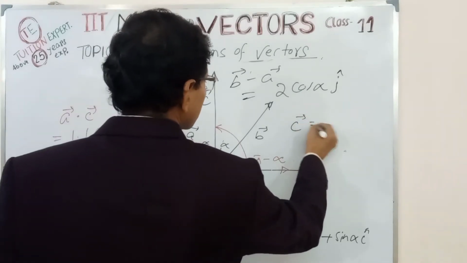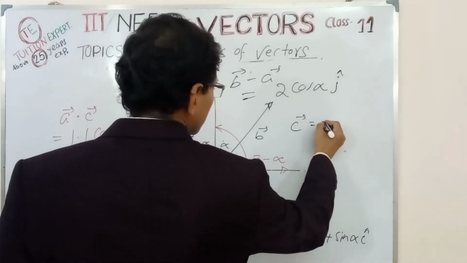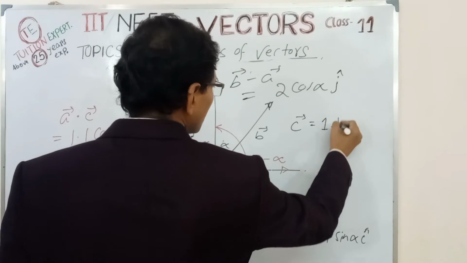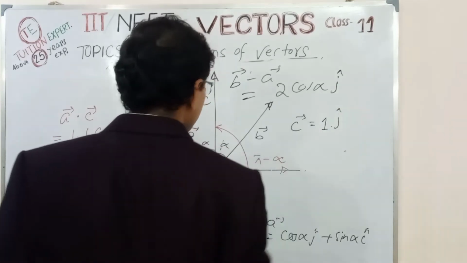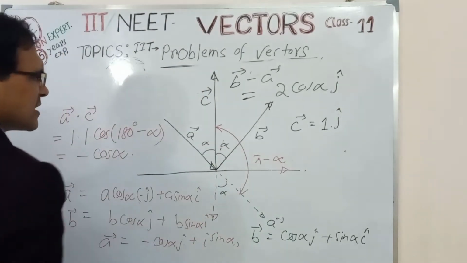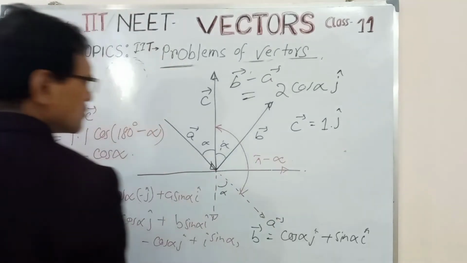What is the C vector? C is a unit vector, magnitude 1 into the unit vector along the y axis, that is J. So the C vector equals the J vector.